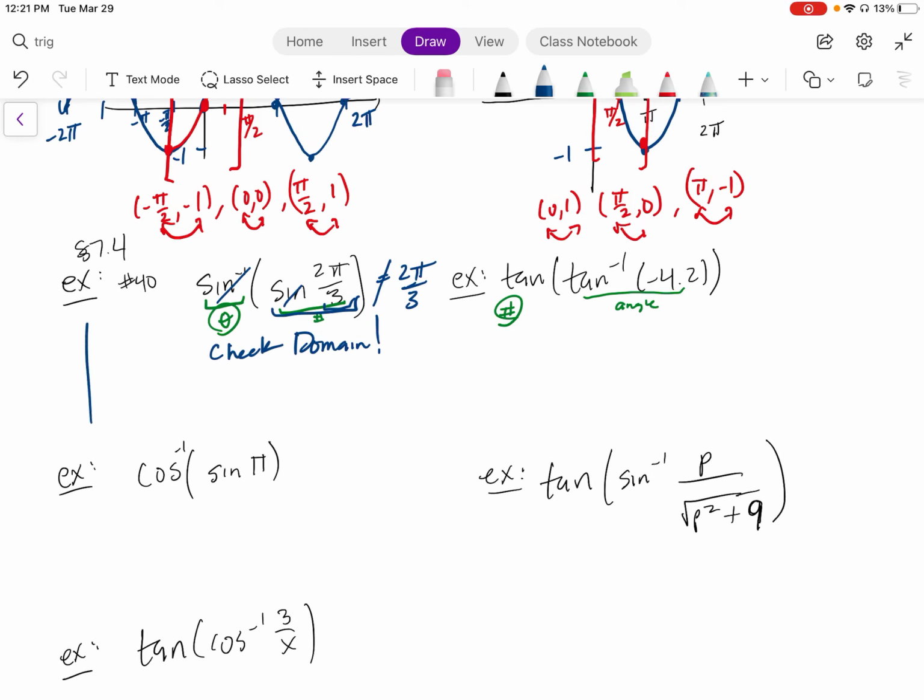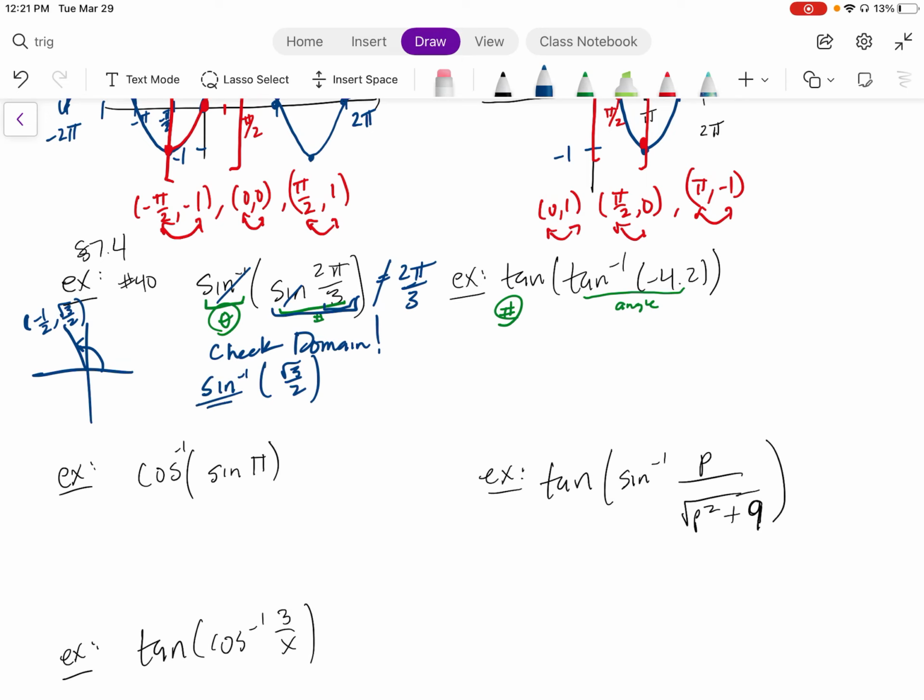right? Think of your unit circle, 2 pi over 3. I always need a quick sketch, is this angle here. And sine is y, so that's root 3 over 2. So now if we do inside, root 3 over 2, sine inverse of that we can do, right?